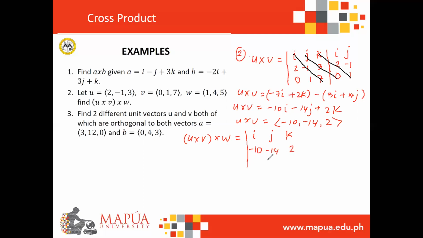Then lastly, we have vector w, 1, 4, 5. Then copy the first two columns, i, negative 10, 1. Then you have j, negative 14, 4. So with that, u cross v cross w now will have the resulting expression.